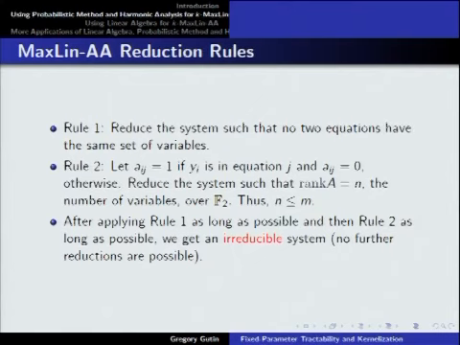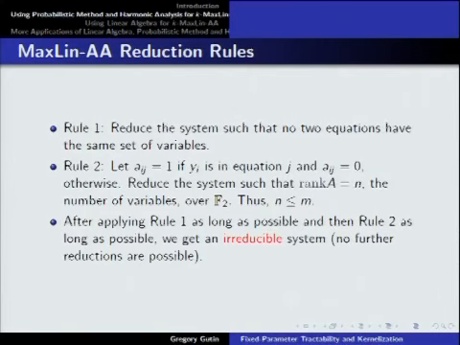Now, rule 2. Here what you do, you look at the main matrix of the system. And what you can do is assume that the rank of the matrix is m, the number of variables, because if it's larger than that, you can eliminate certain variables. This is an important observation, because we want to know that always n is less than or equal to m.